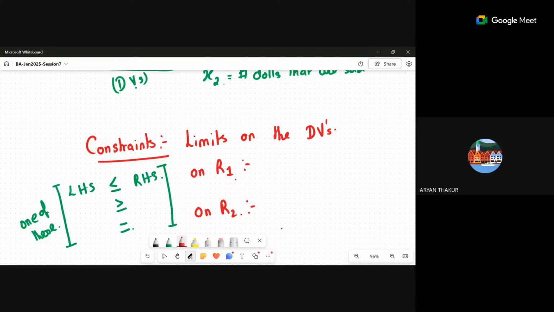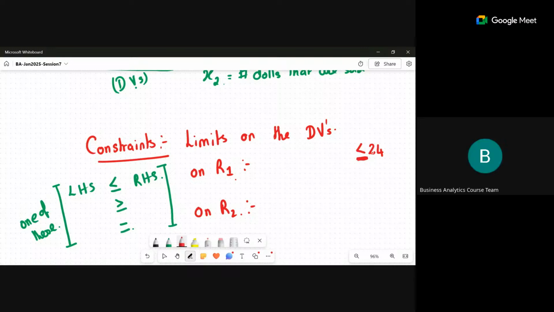So R1 has to be less than 24 units. Okay, less than? Let me check. There are 24 units. No, I guess it is equal, less than or equal to. I have 24 units. I can consume all 24 or I can also consume 20. Not a problem. It should always be less than or equal to. Right?